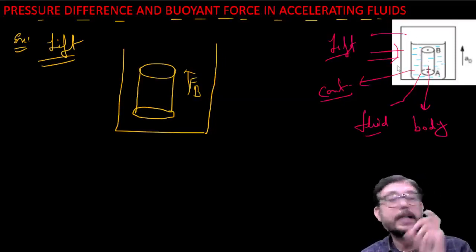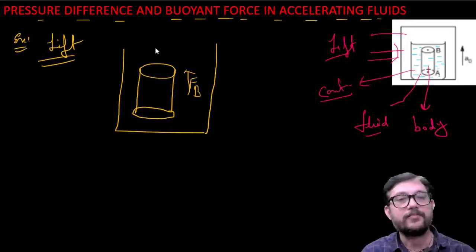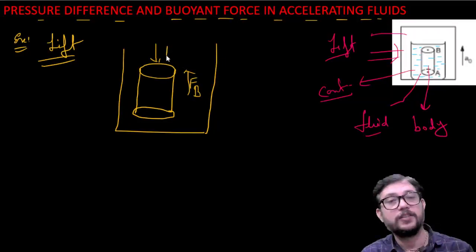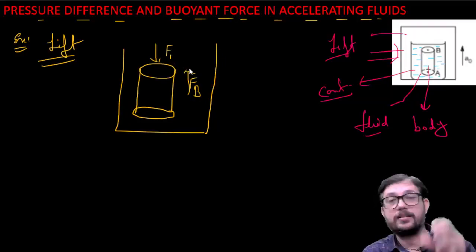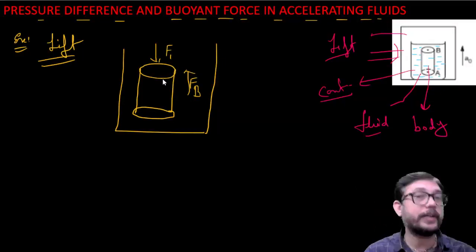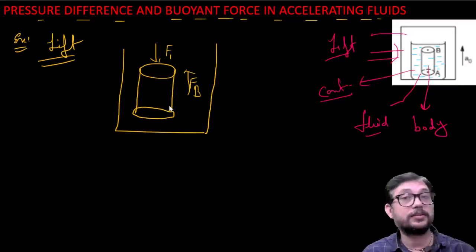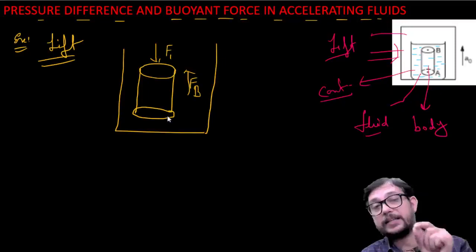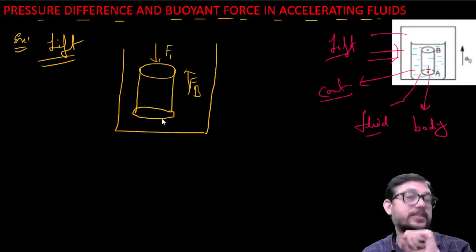In that particular diagram we have one force which will be on the upper edge of the body, F1, and the concept is clear that the force must be due to the pressure of that fluid.